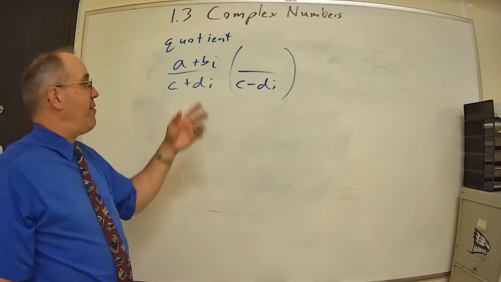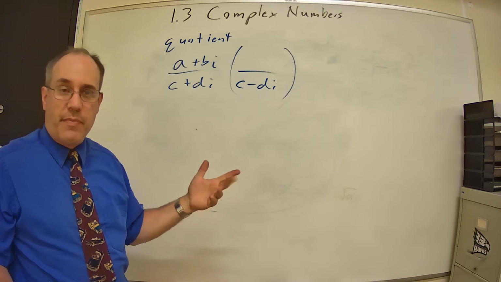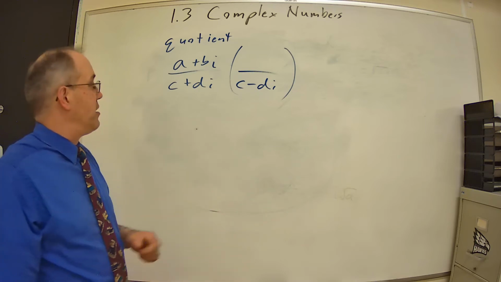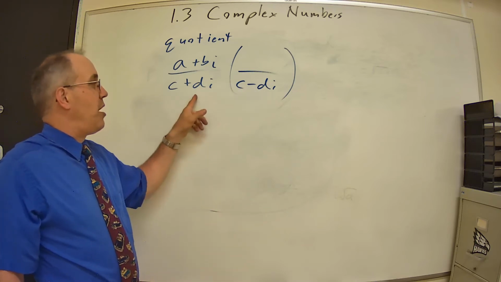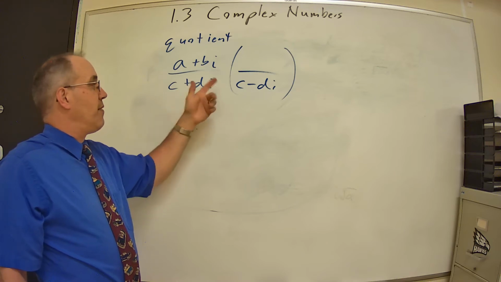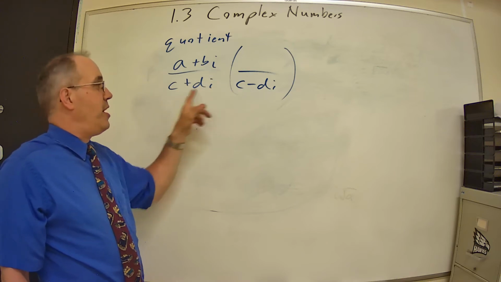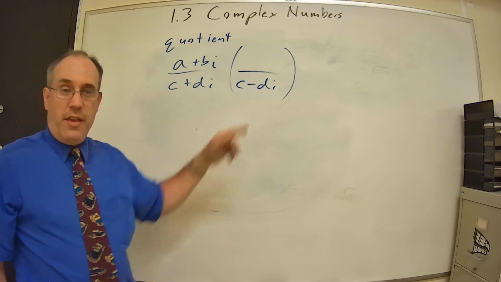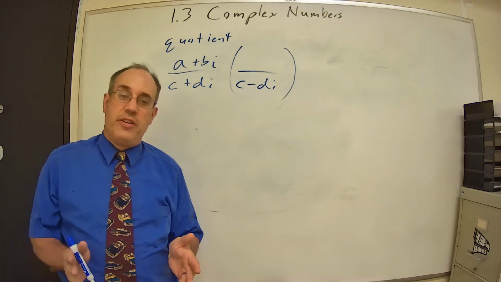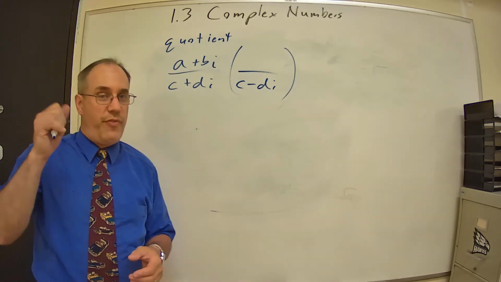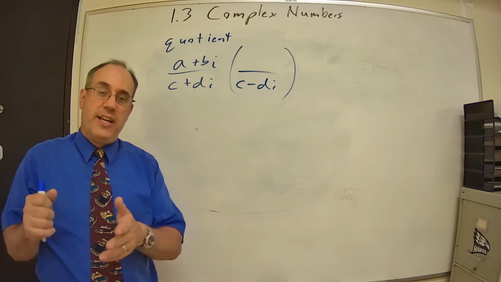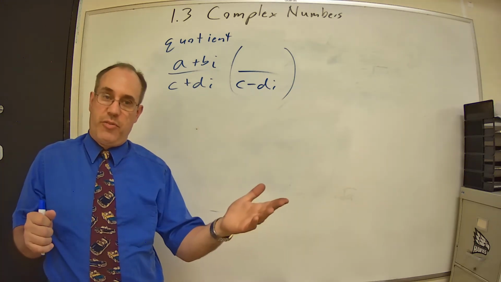So now that I have that, well, why would I do that? Here's why I would do that. Because if I take the complex conjugate, I'm now doing the product of a sum and a difference. And we know that the product of a sum and a difference is equal to the square of the first term minus the square of the second term.